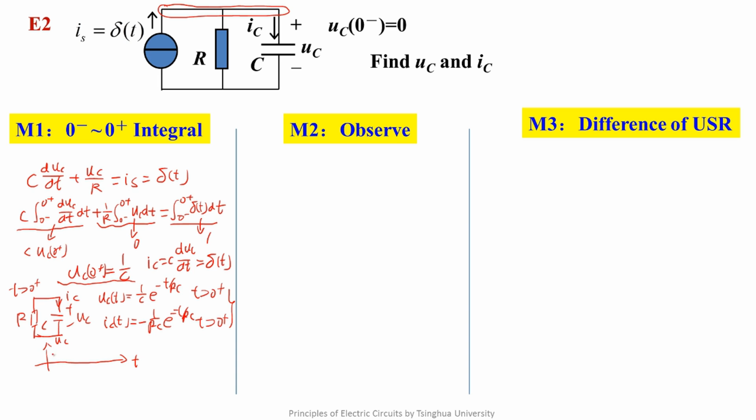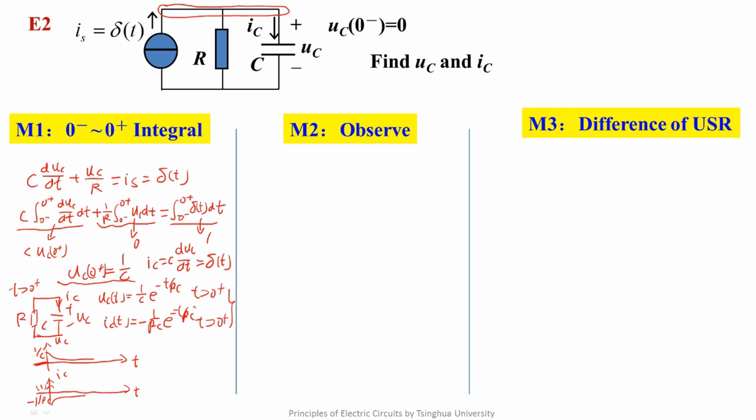It jumps from 0 to 1 over C at t equals 0 and decays to 0 with a negative exponent. IC is a unit impulse function at t equals 0. When t is greater than 0 plus, it decays from minus 1 over RC to 0 with negative exponent. This is the result we get from the 0 minus to 0 plus integral.